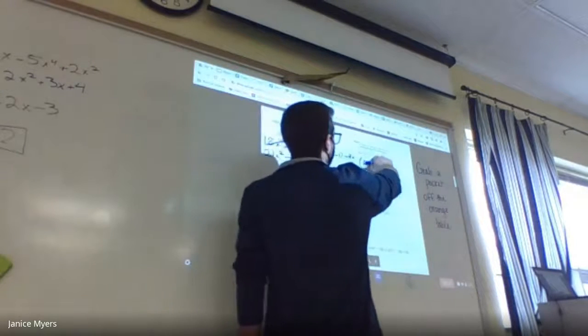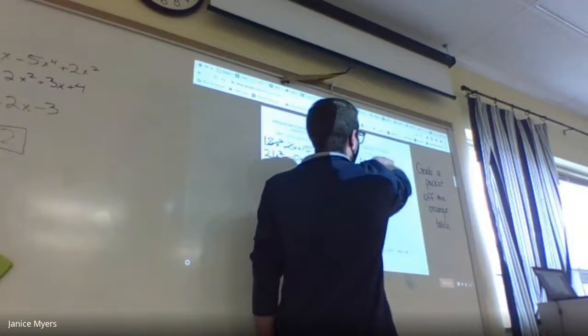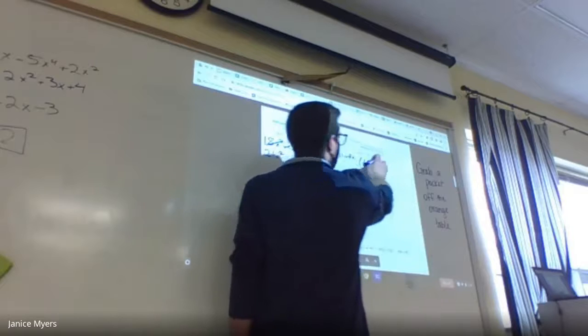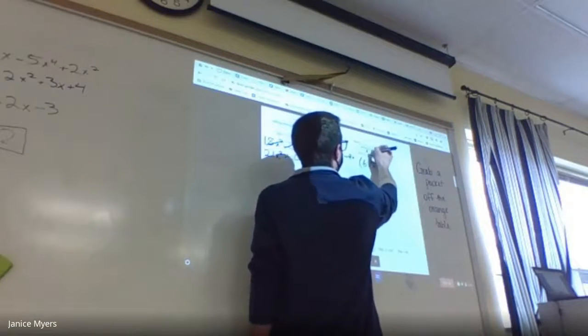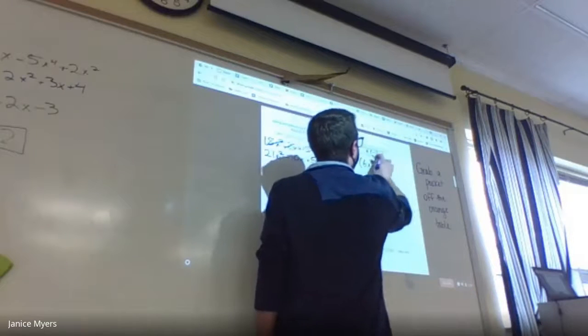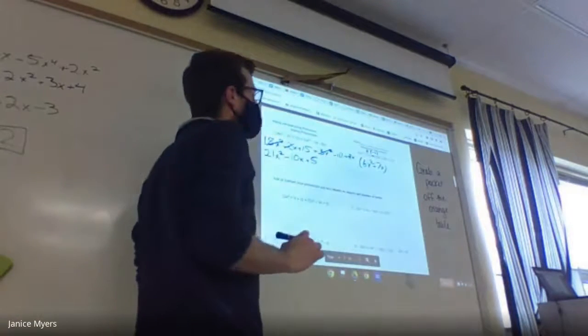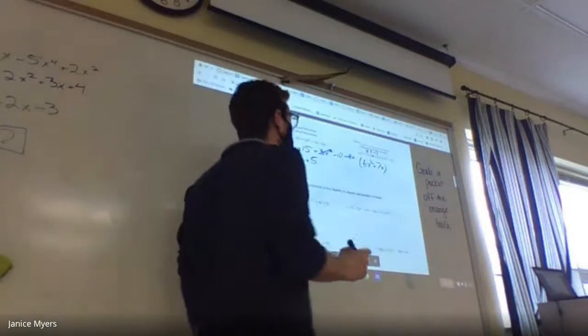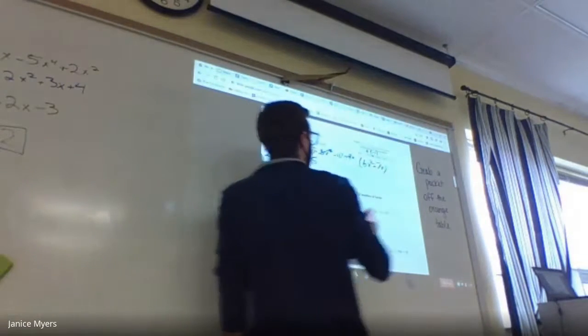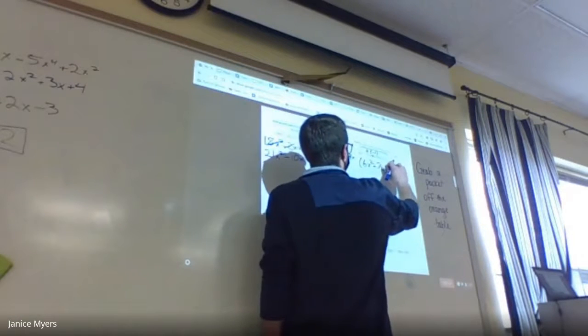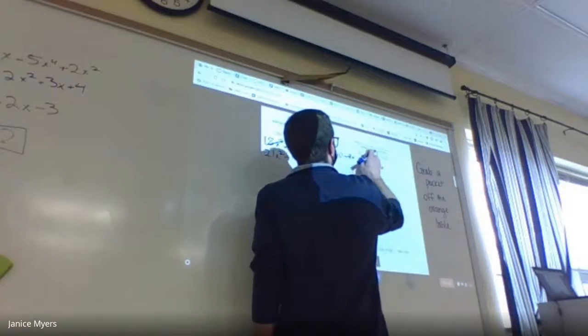Now we want to make this minus into a positive. So what we can do is take this minus sign and change it into a plus negative 1. Now you've got a negative 1 outside of that parentheses, and you're going to distribute that to each term inside the parentheses. So you can get rid of these parentheses if you want.